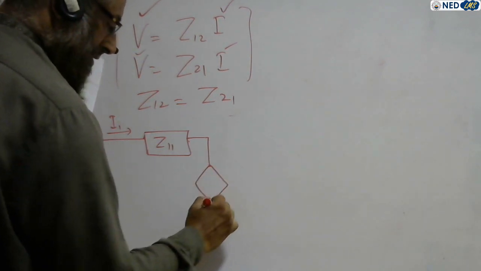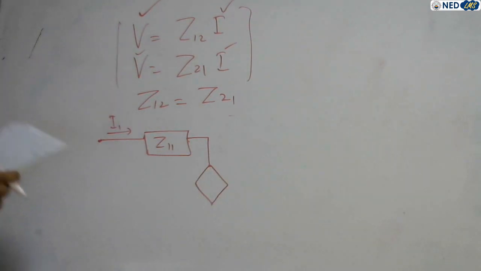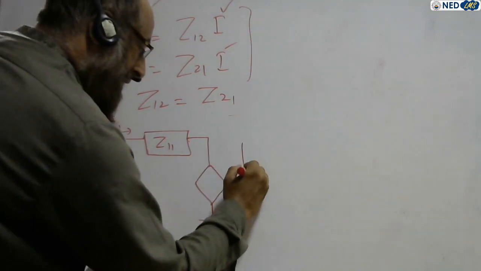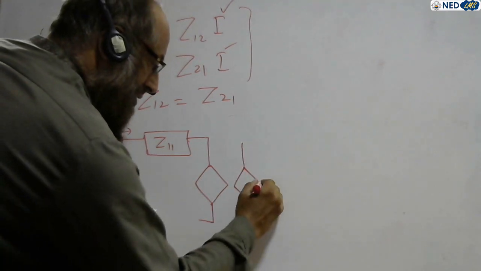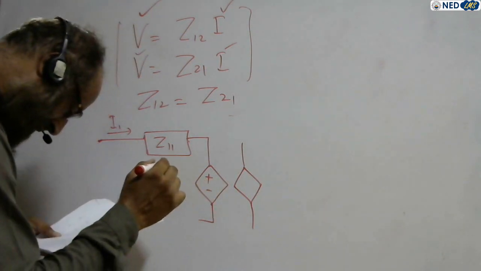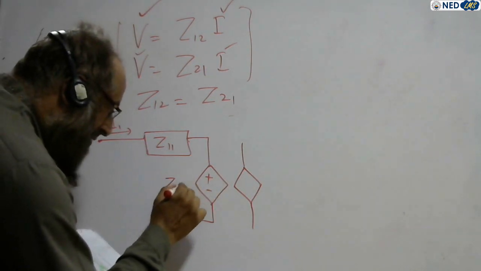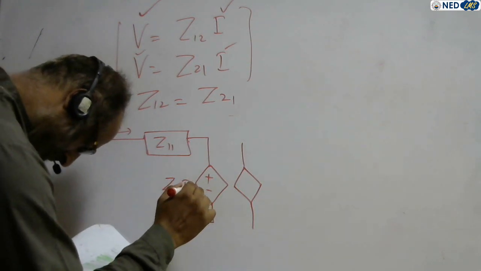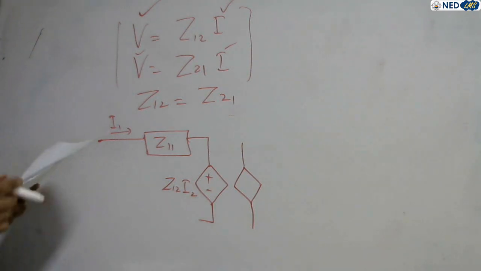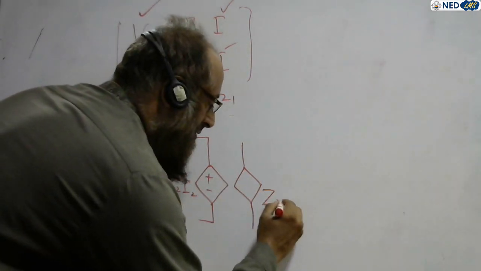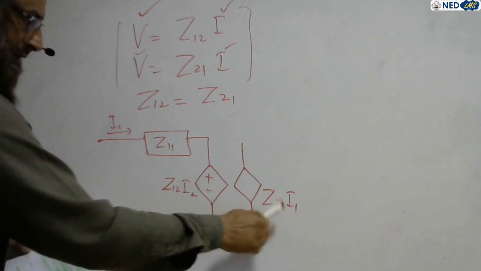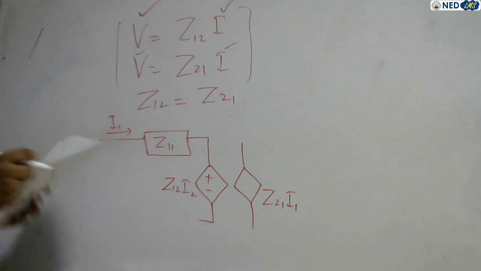We know that a dependent source is shown in diamond shape. Here again the dependent source is shown in diamond shape, and we give the polarity of this dependent source, and this one is Z12 times I2 because its impedance is referred to this side, and this one is Z21 times I1 because I1 is referred to that side.